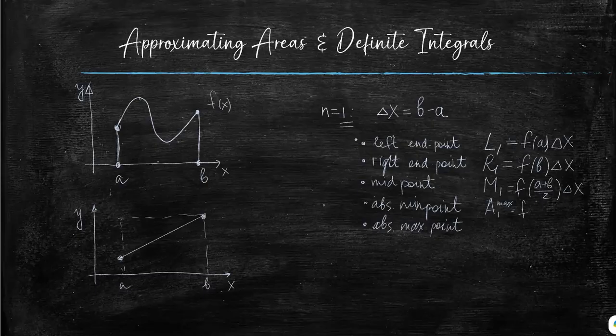We're going to be using the value that produces the absolute max, and then multiplying it by delta x. We're going to be choosing the value that produces the largest output on that interval, and building a rectangle around that. This is what single rectangle approximation formulas look like.